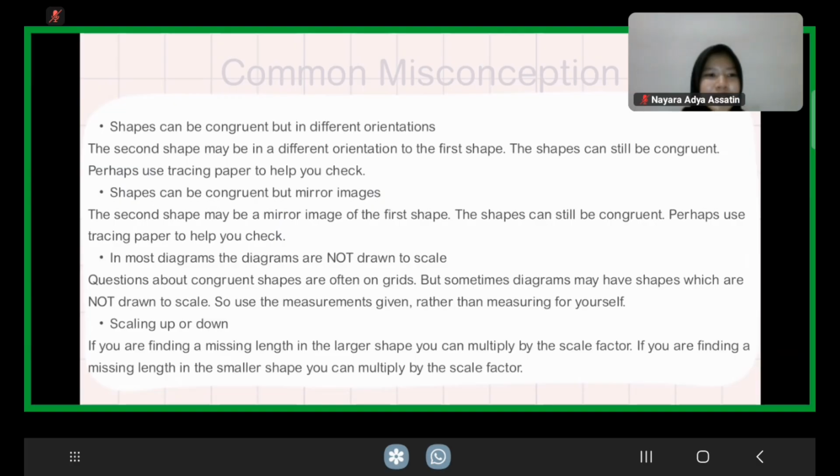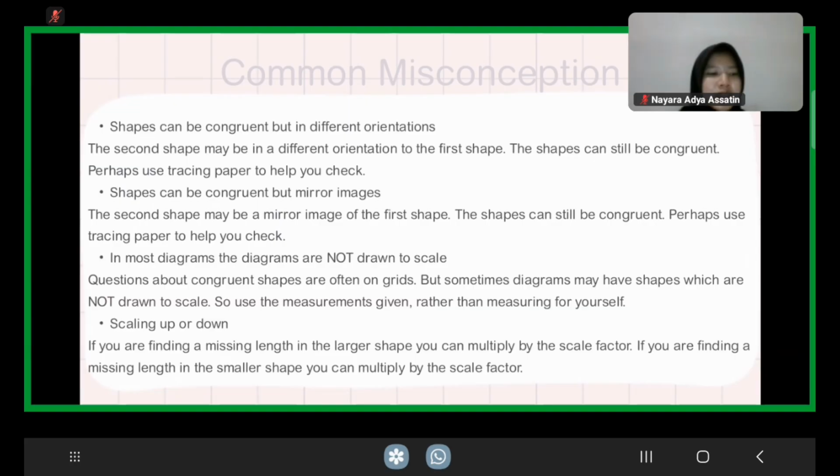Second, shapes can be congruent but mirror images. The second shape may be a mirror image of the first shape. The shapes can still be congruent. Perhaps use tracing paper to help you check.